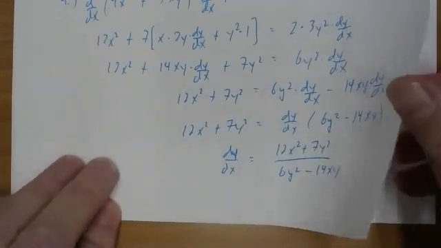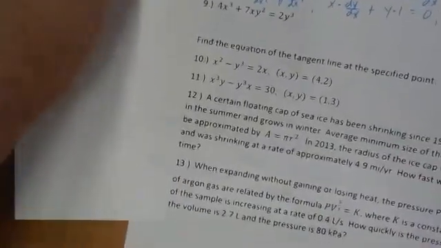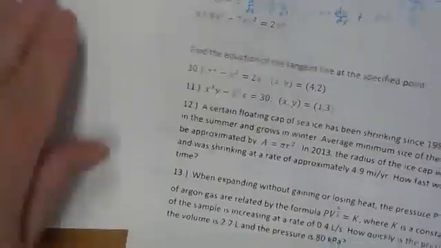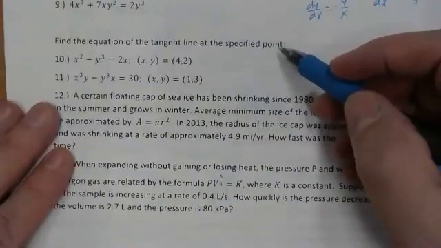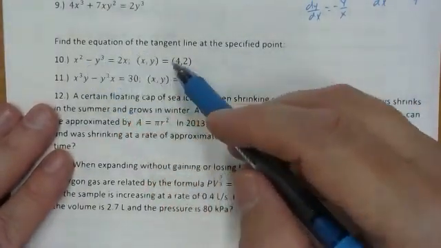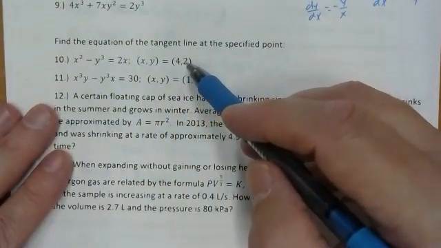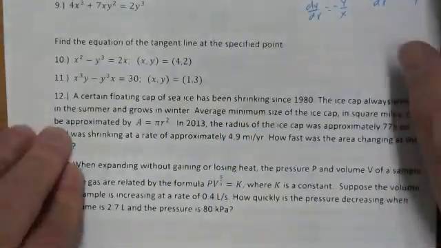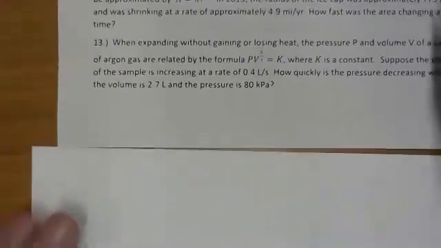Now we're going to do some more implicit differentiation, but now they want us to find the equation of the tangent line at the point. So I need to get the derivative of this, plug in the point (4, 2) to get the slope, and then go from there. So here's number 10.